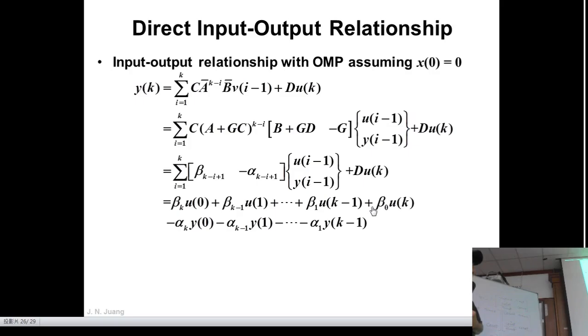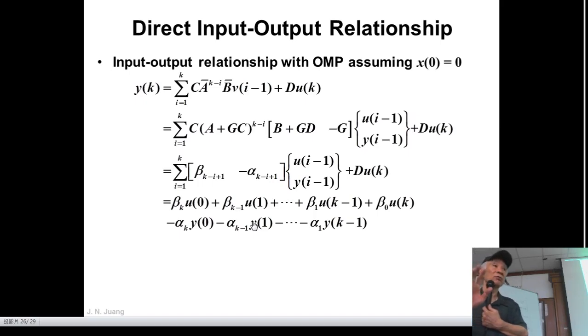If you look carefully at this, I don't have any state anymore. This simply shows you the relationship between U and Y directly without using any state information.